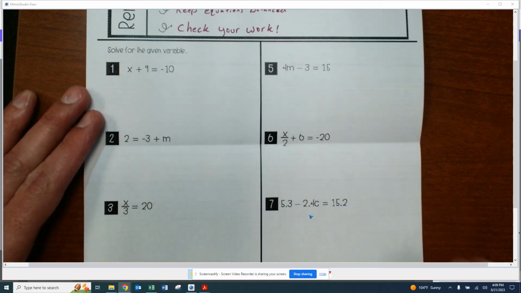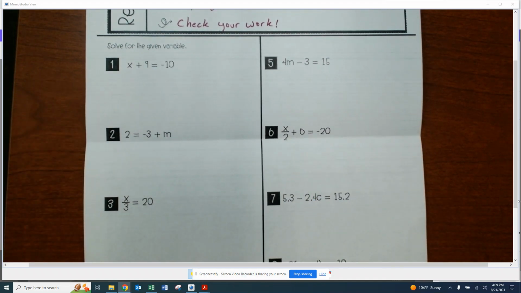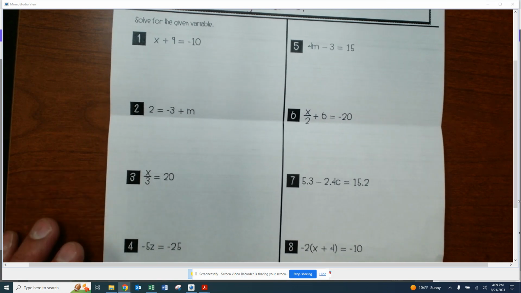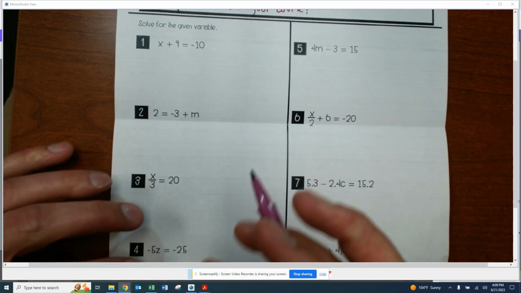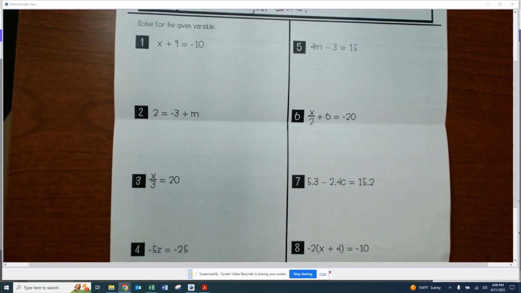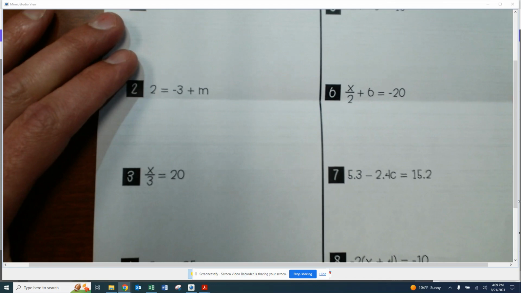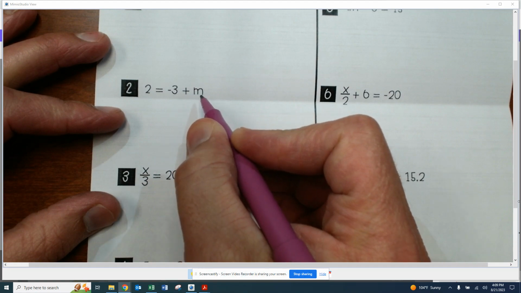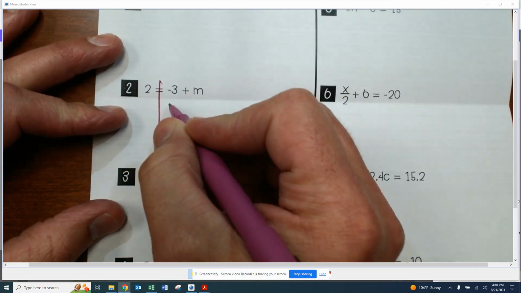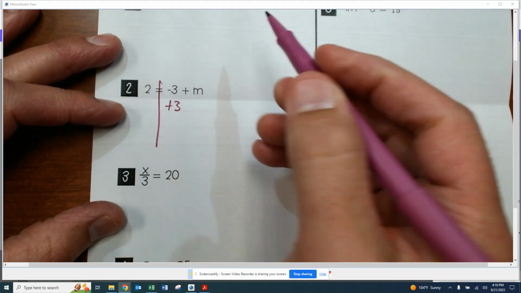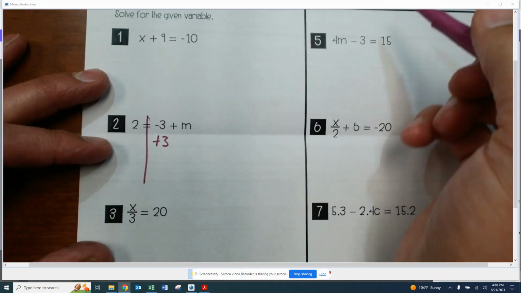Briefly looking this over, we're going to look at problem number 2 real quick. In problem number 2, we have 2 equals negative 3 plus m. In order to get rid of the negative 3, we have to add 3. That's our inverse operation, making a zero pair.